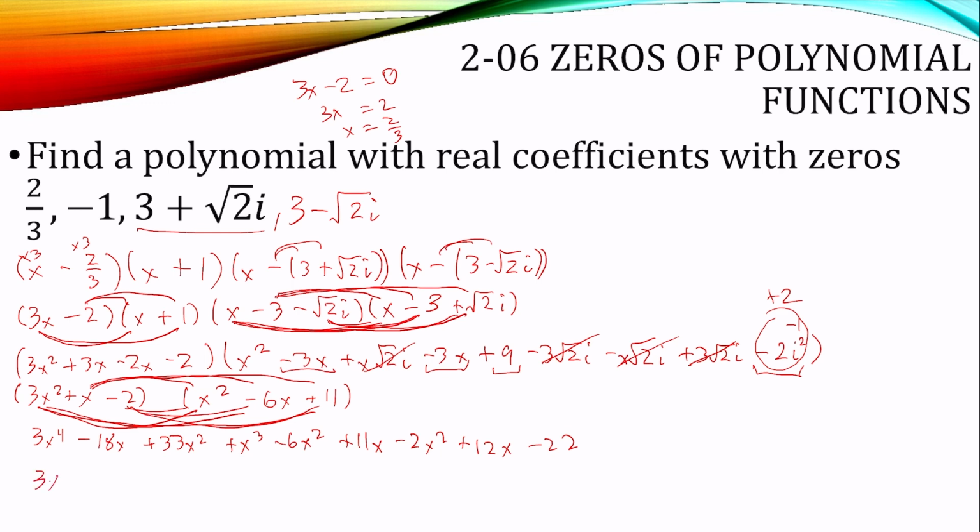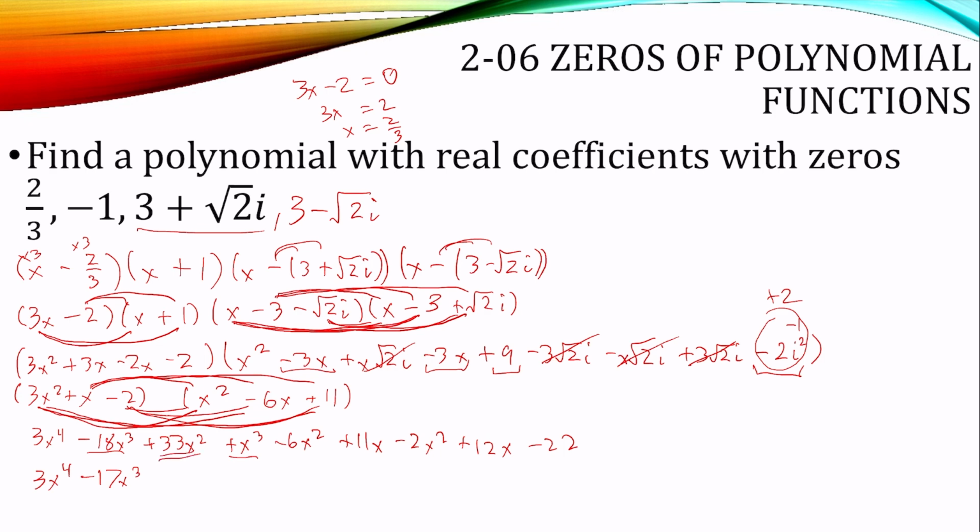Collect like terms. Cubes, I have 3x to the fourth... That should have been x cubed. So I have negative 18x cubed, and 1x cubed is negative 17x cubed.